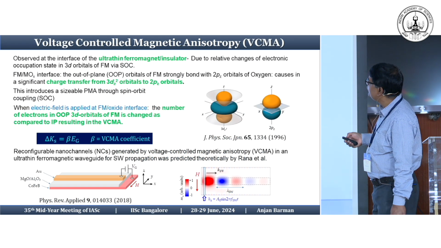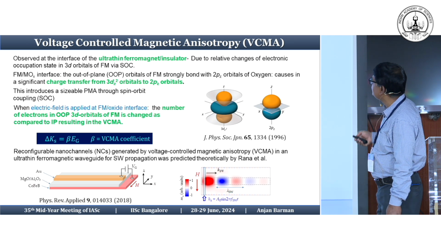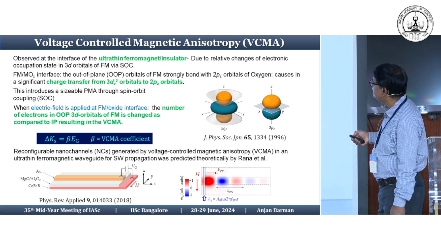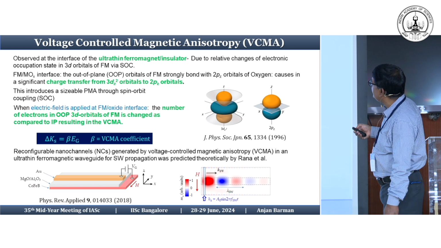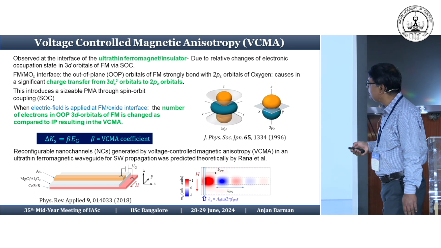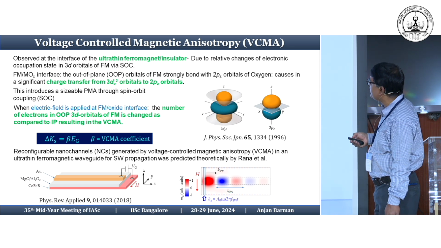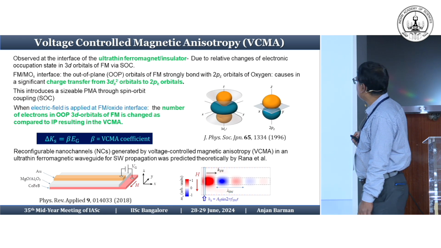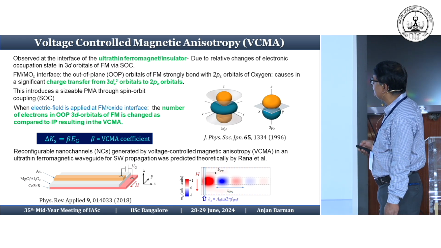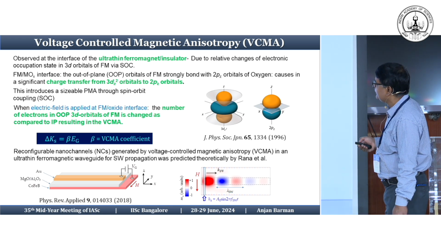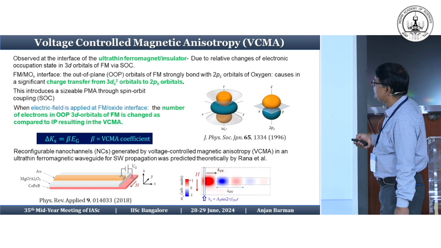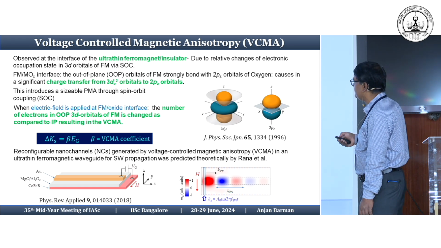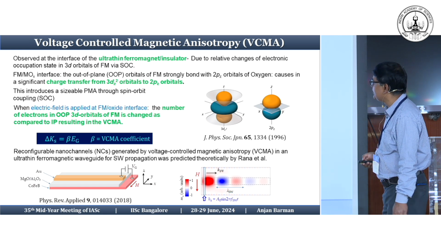Here we propose to do voltage control magnetic anisotropy, and here one can use the ultra thin ferromagnet and insulator bilayer. For a ferromagnet, you have the out of plane orbital, like the 3d z square, and the 2pz orbital of the oxygen, and they overlap and cause a significant charge transfer from 3d z square to 2pz orbitals.